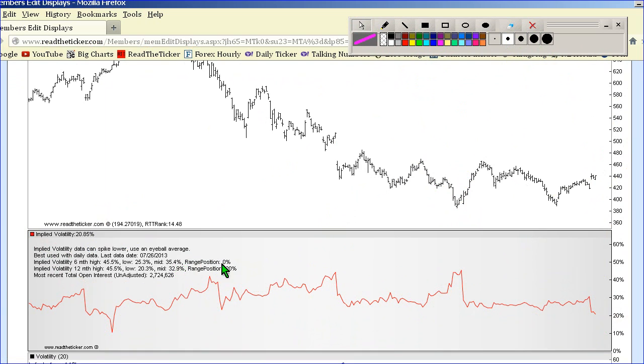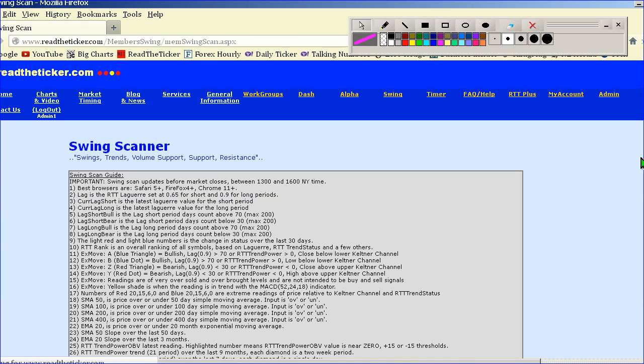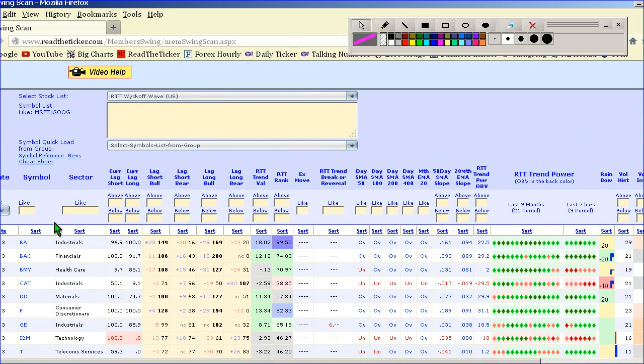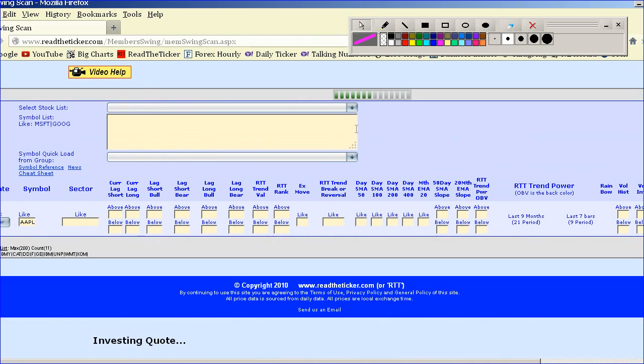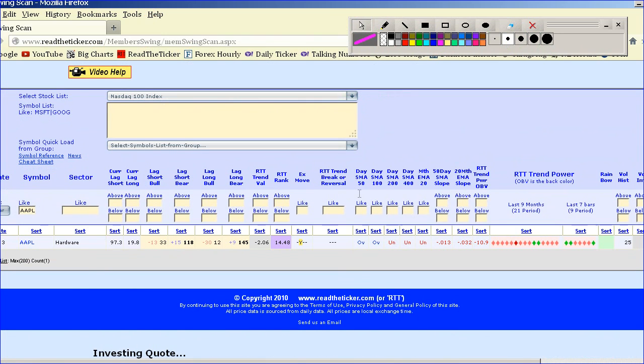Now, as I discussed before, we take this position here, range position 0% for 6 months. We'd actually go to the swing scanner. And we go to things in the NASDAQ.